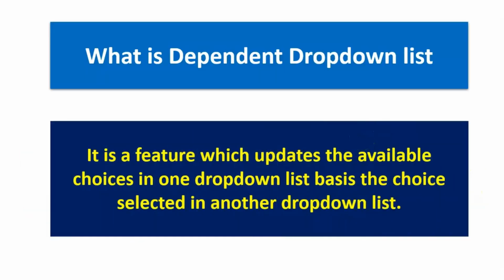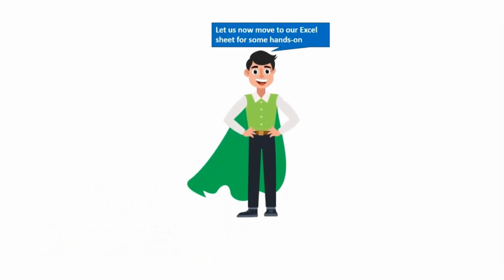So what is a dependent list? It is a feature which updates the options or values available in one drop-down list basis the values or options selected in another drop-down list. Let us now move to our Excel sheet for some hands-on.